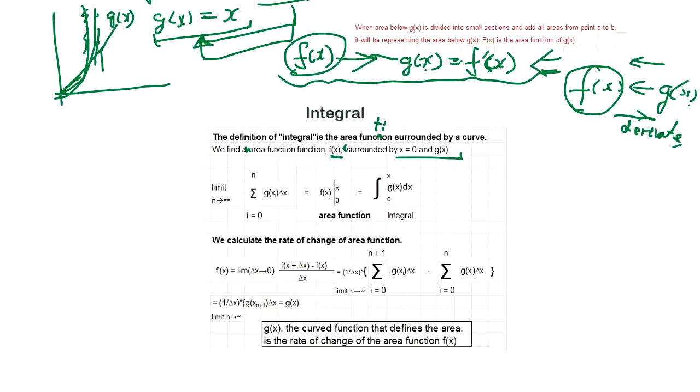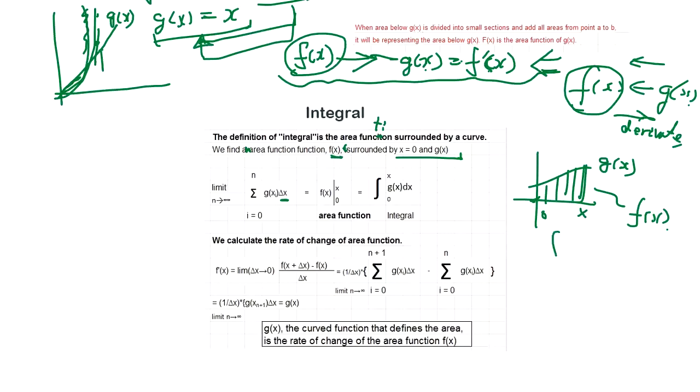So when you take delta x and sum them up, we slice from here, 0 to g(x), we slice them up and add them all up to point x, then this becomes the area f(x).